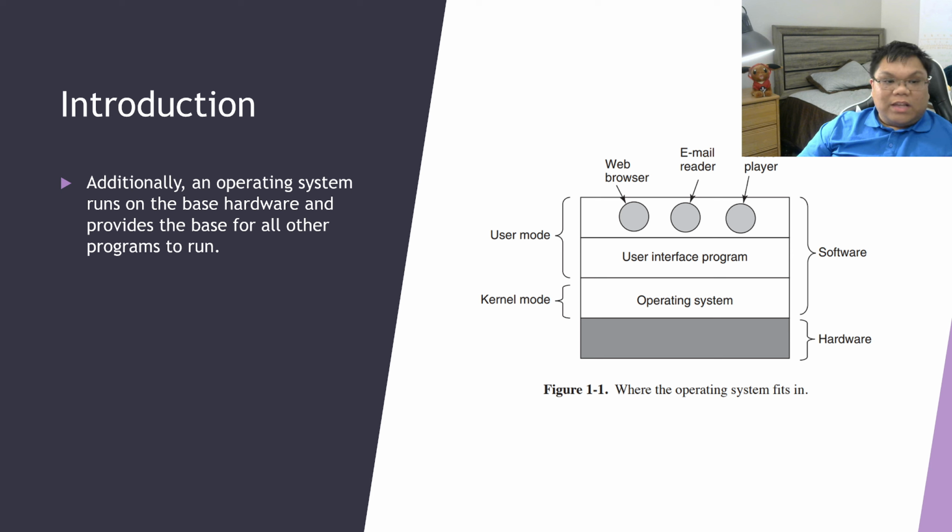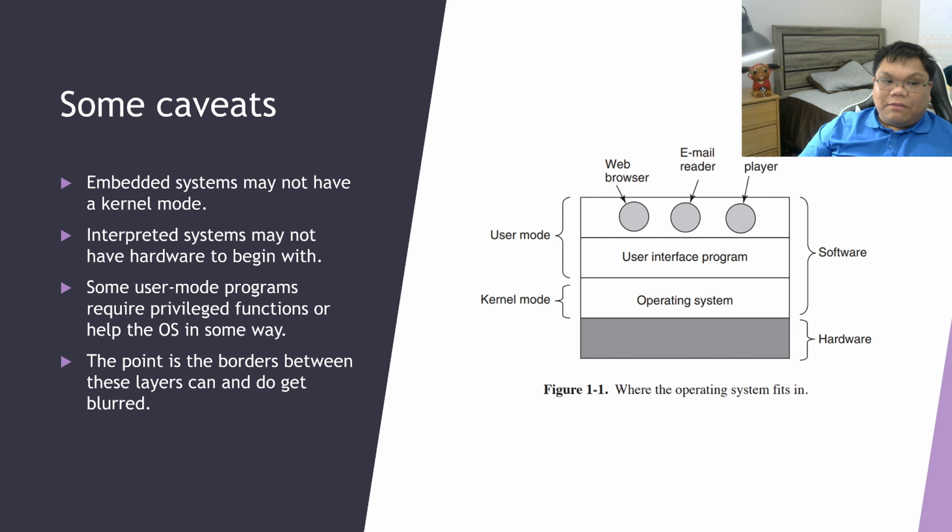An operating system runs on the base hardware and it provides the base for all other programs to run. There are a few caveats. Some embedded systems may not have a kernel mode at all. Interpreted systems may not have hardware to begin with, because you can emulate a system and basically have an environment where the operating system on that thinks it's running on hardware, but no, we're just mimicking that through software.